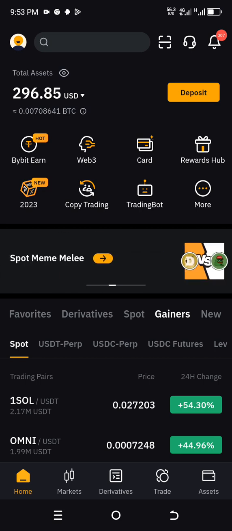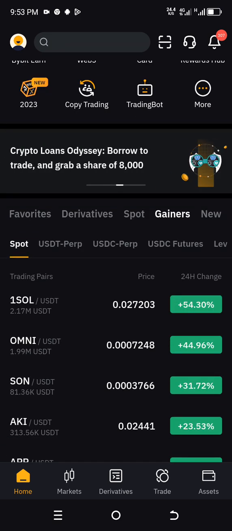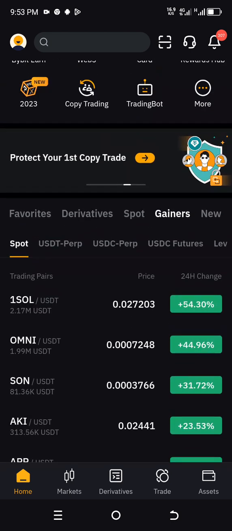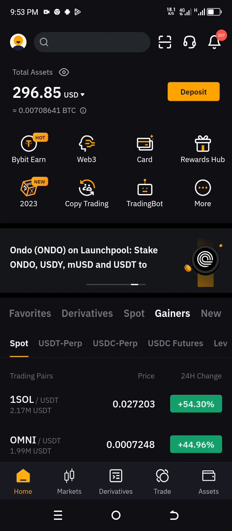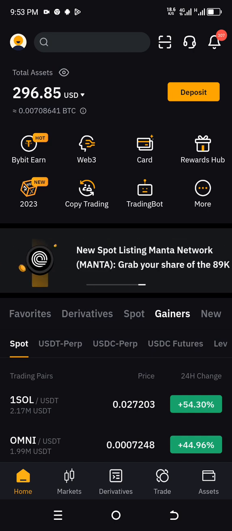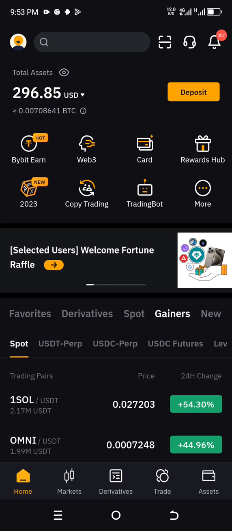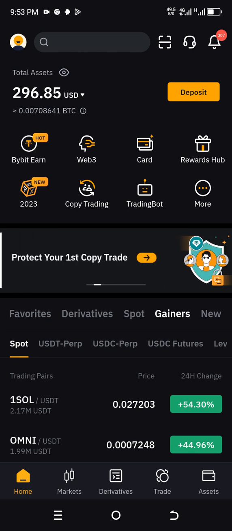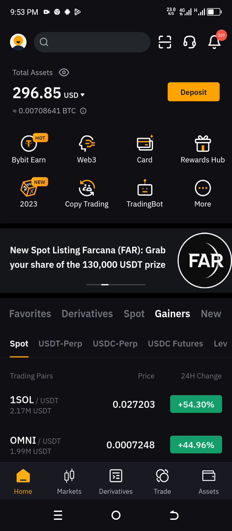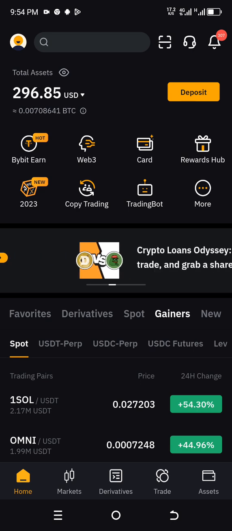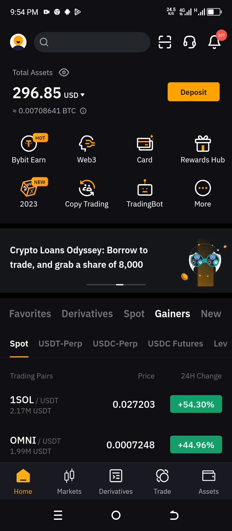The strategy that I'm about to display on this app called Bybit, you can use the same technique on Binance and other exchanges. All you need to do is make sure you have a verified Bybit account.